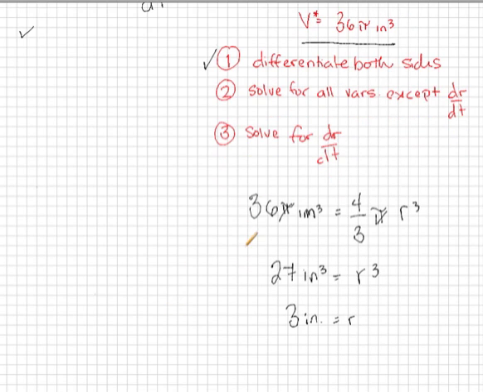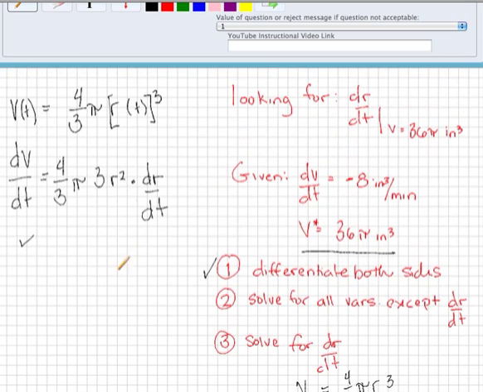I've done that for you down here. You're just going to go ahead and plug in the volume into the volume formula. And then you're going to solve for r. I've just multiplied both sides by 3/4, divided by pi, and taken a cube root to yield r is equal to 3 inches.